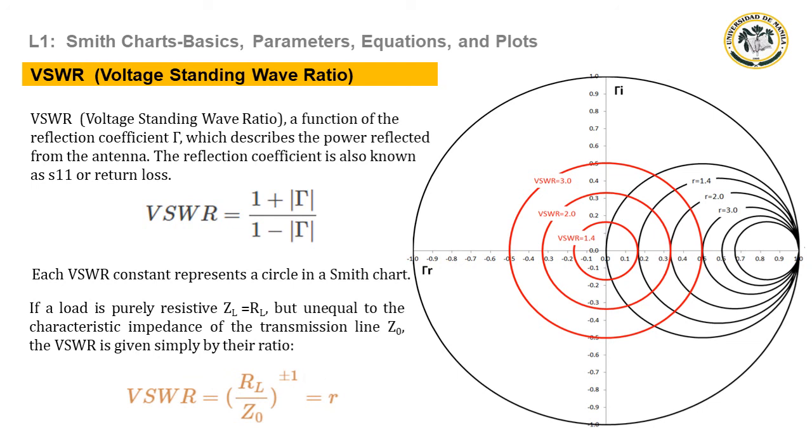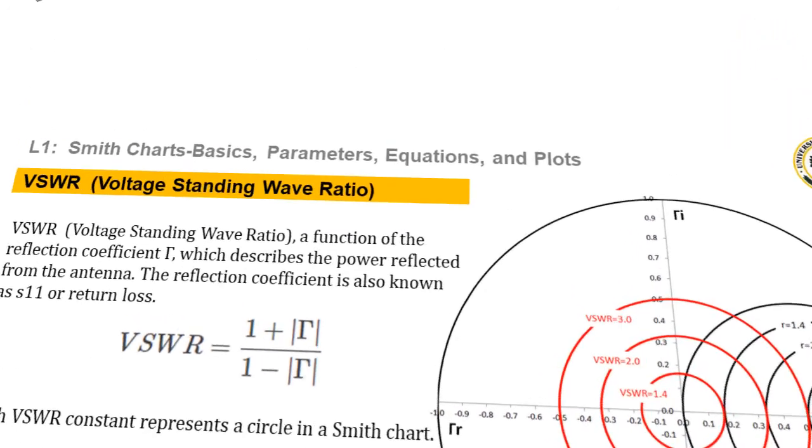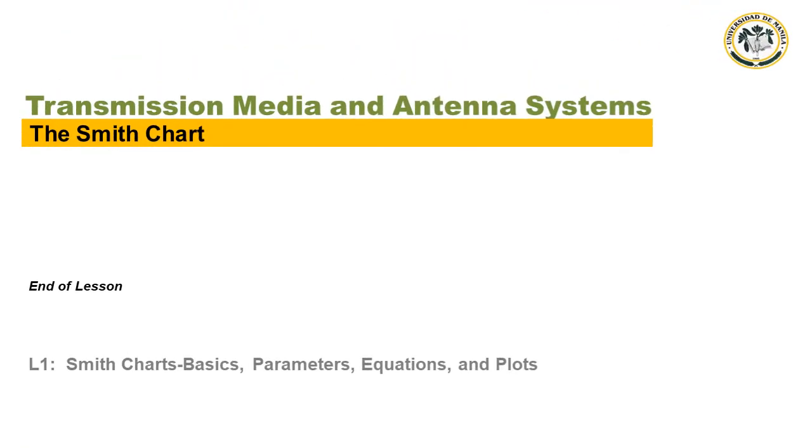So that is VSWR is equal to R. So on the next example, we will discuss how we can use Smith chart in solving several RF problems.